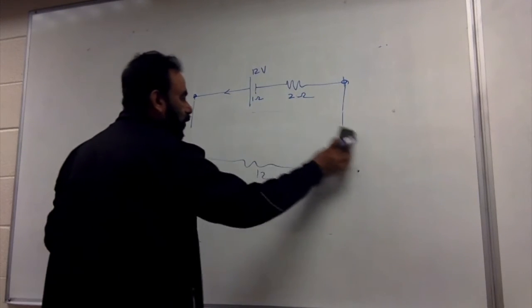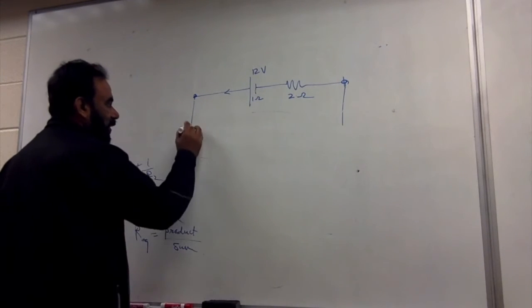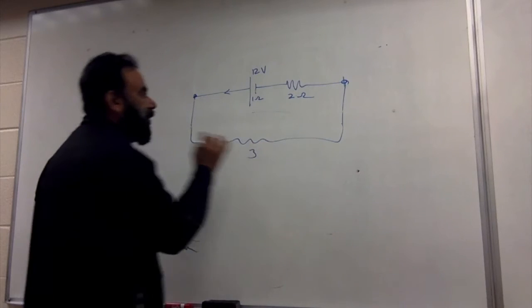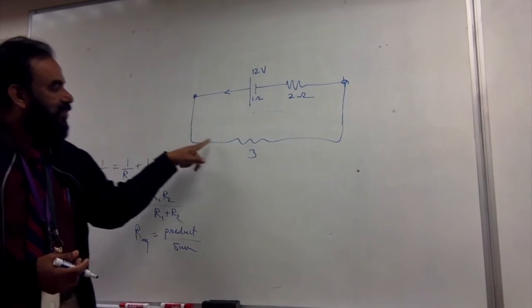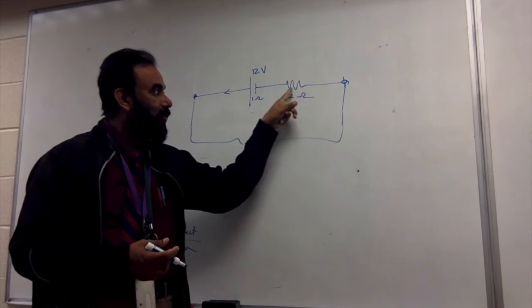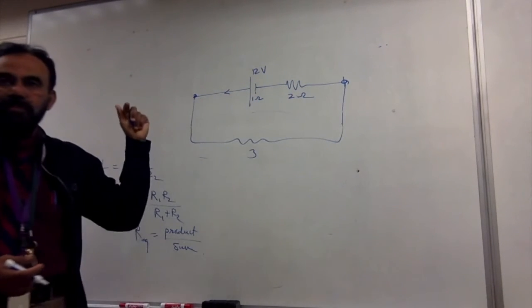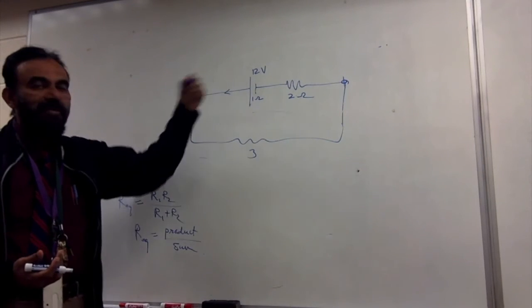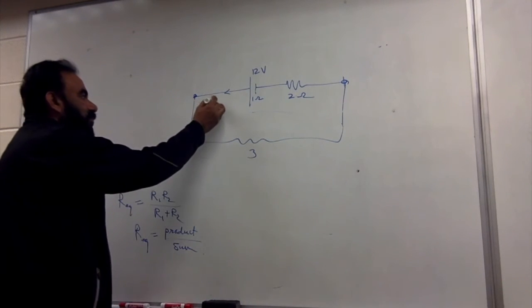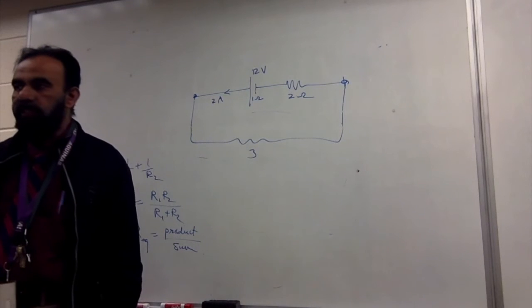So you remove the whole thing and put 3. And now you recognize that the current goes from here, passes through 3, then through 2, and then through 1. So what's the total resistance? 6. What's the total EMF? 12. And therefore it's 2. Okay, got it?